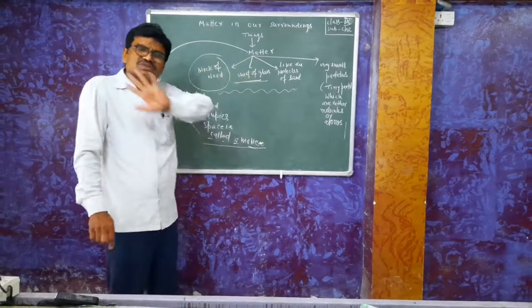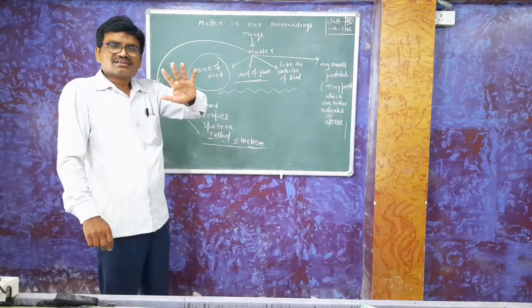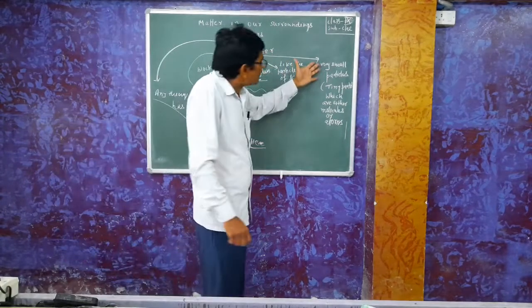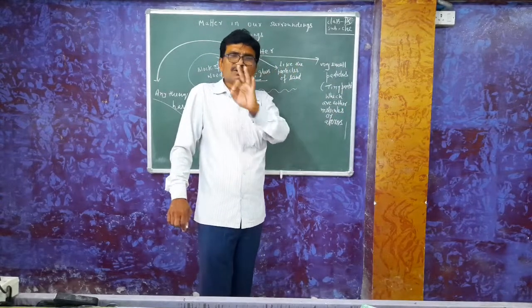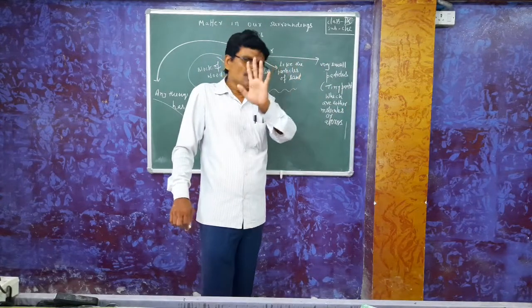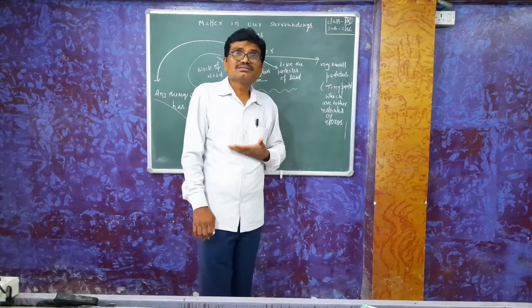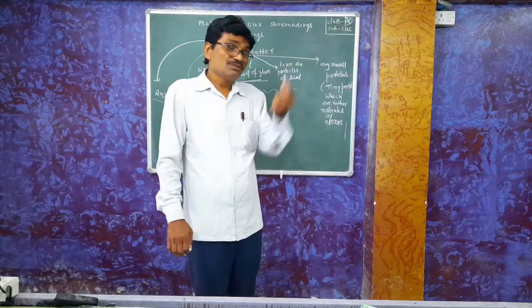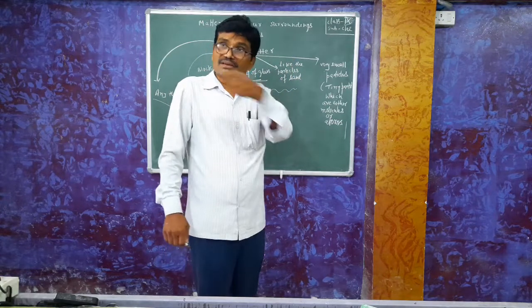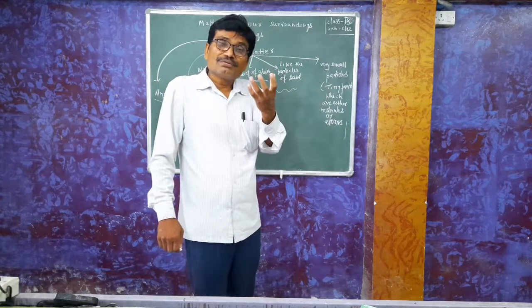Now we want to conclude about the structure of matter. It is the latest information: every matter is made up of very small particles, which are either molecules or atoms. Ganga sir is also a thing made up of very small particles. In biology, a living thing is made up of cells.